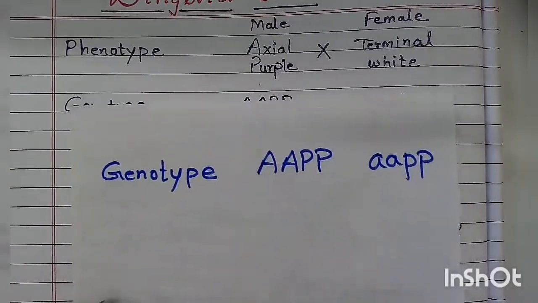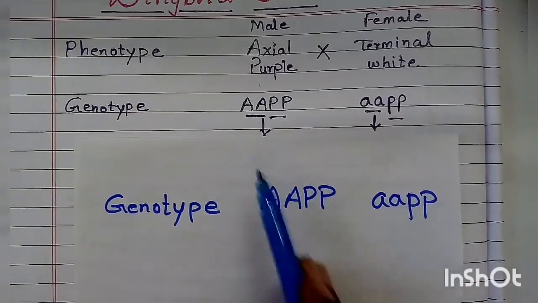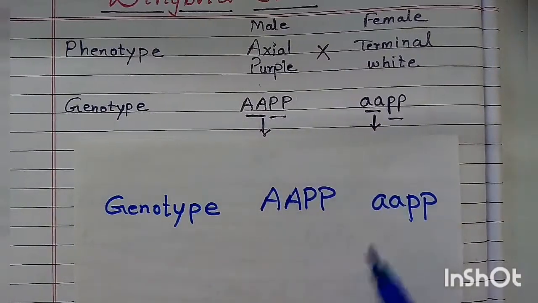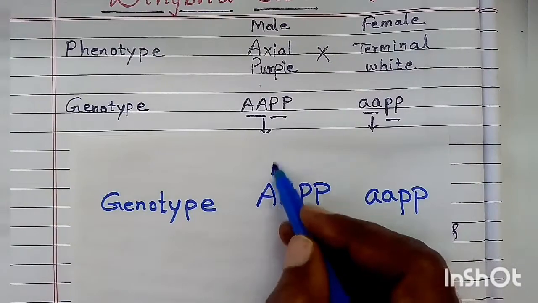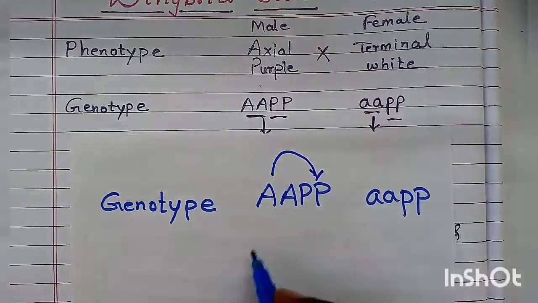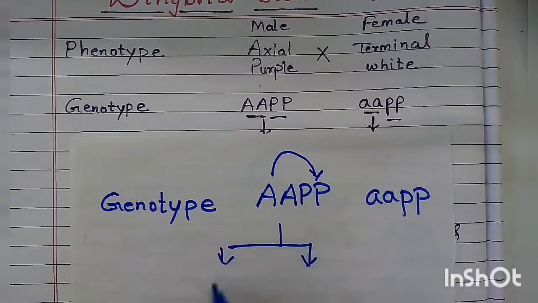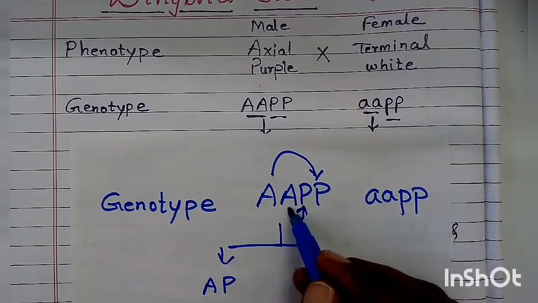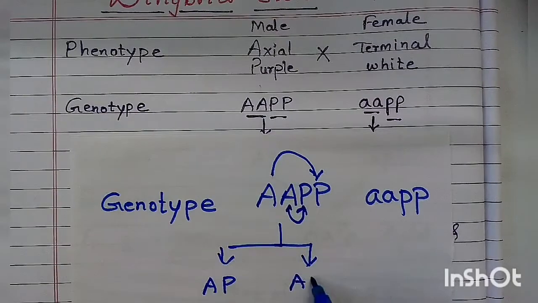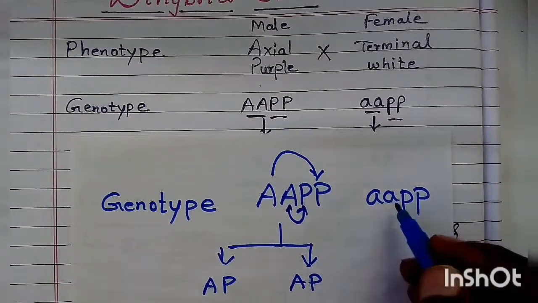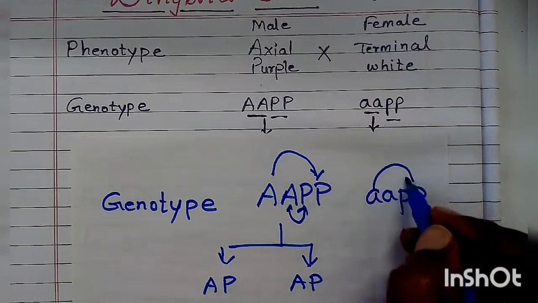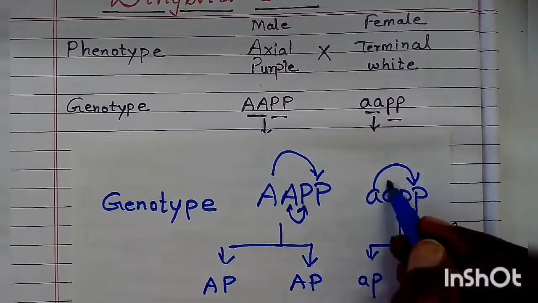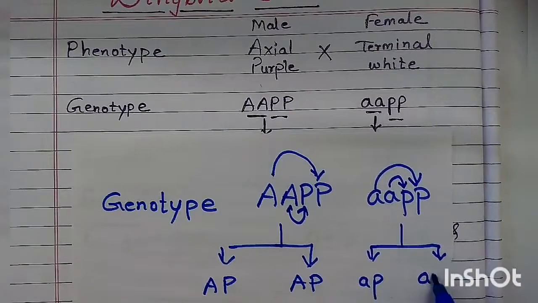Before proceeding, let's see how we got our F1 generation as capital A small a and capital P small p. Now see, these are the genotypes of the parent. The same genotypes I have written, capital A, capital A, capital P, capital P. Now we can write it as capital A, capital A and capital P. Similarly, we can take this capital A and capital P. For this, we can take small a, small p, and then this one small a, small p.